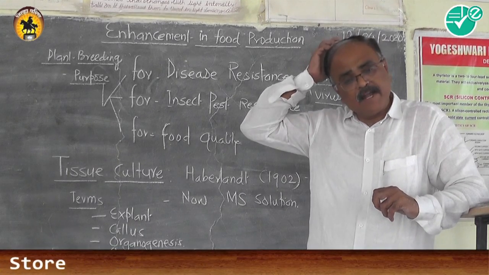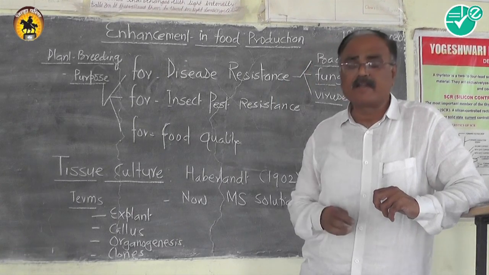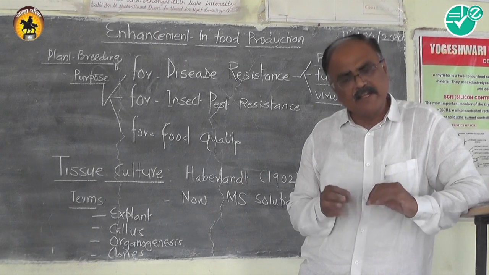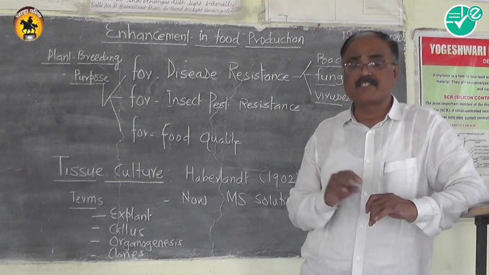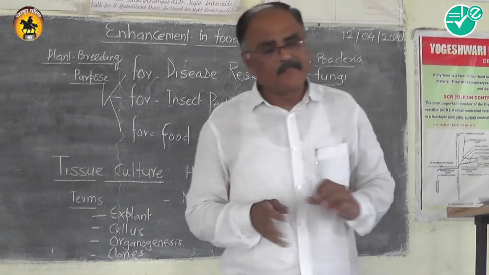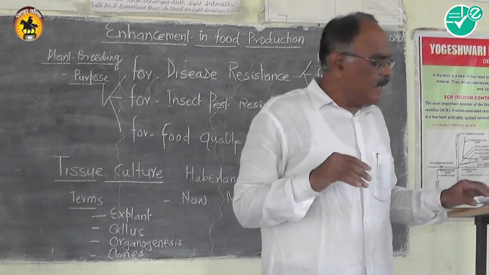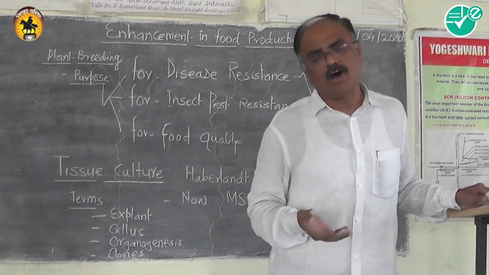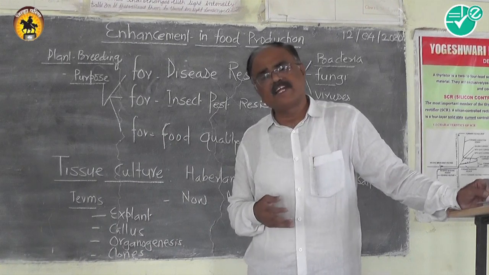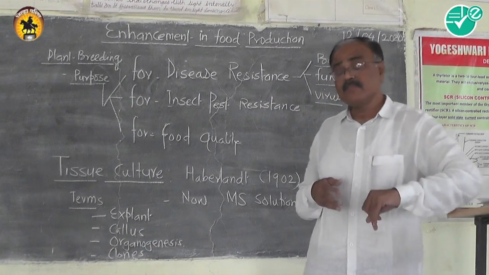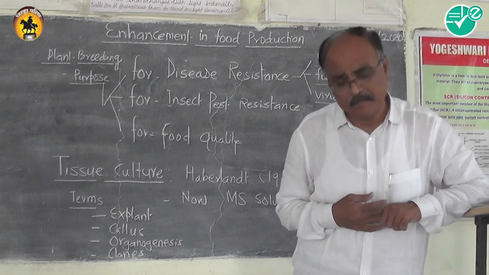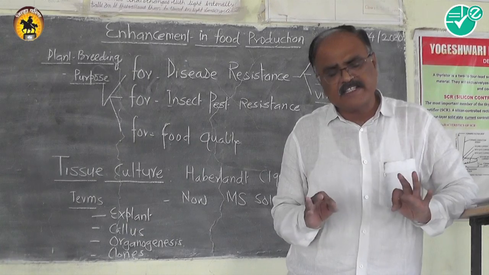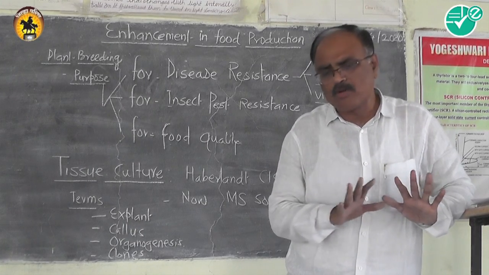Generally, permanent parenchymatous cells are taken. Permanent means they lost the ability to divide and redivide, but that ability is regained later on, and an entire new plant generation could take place.